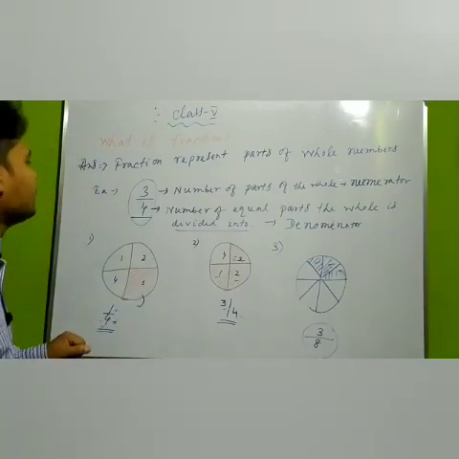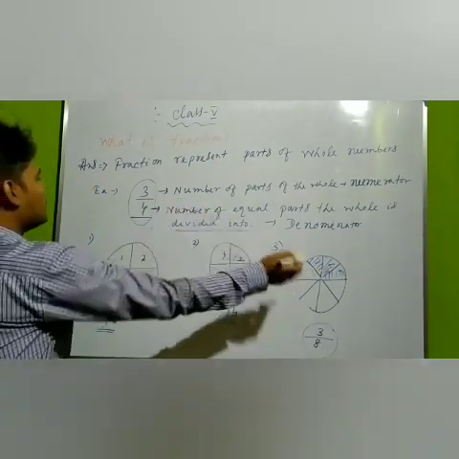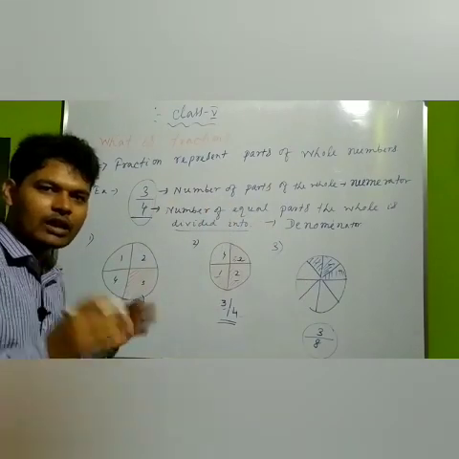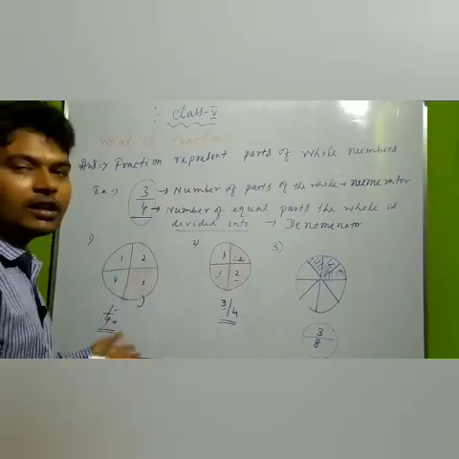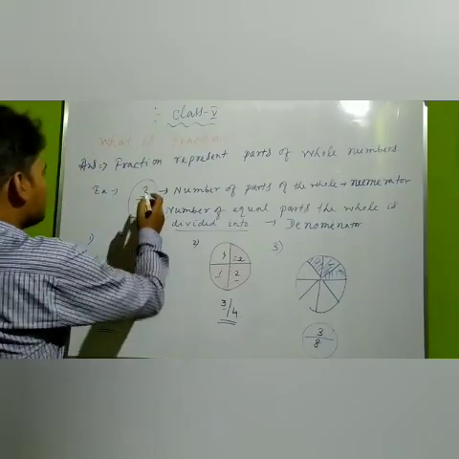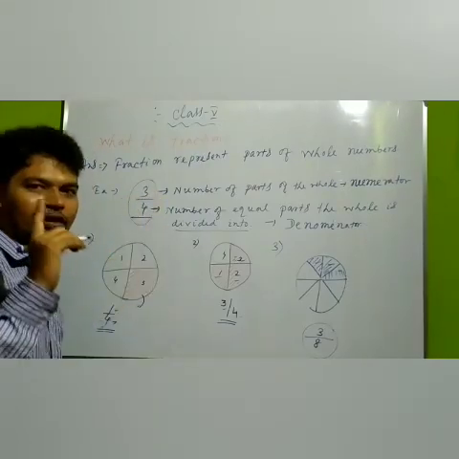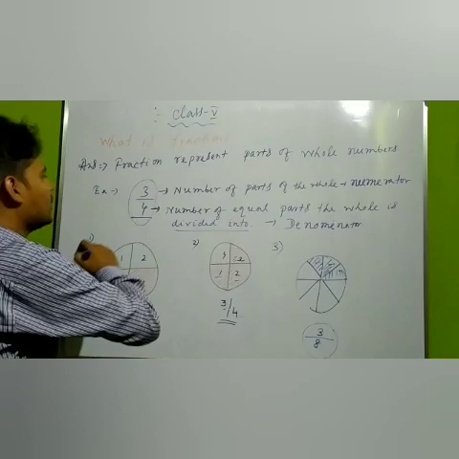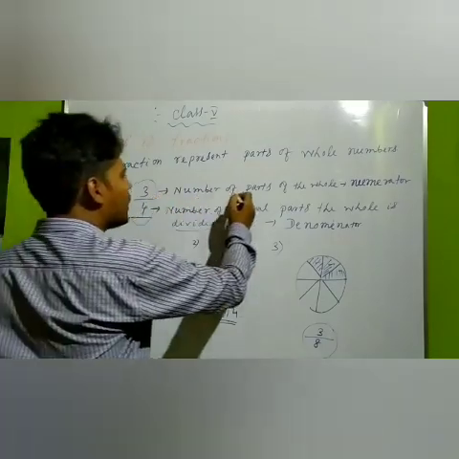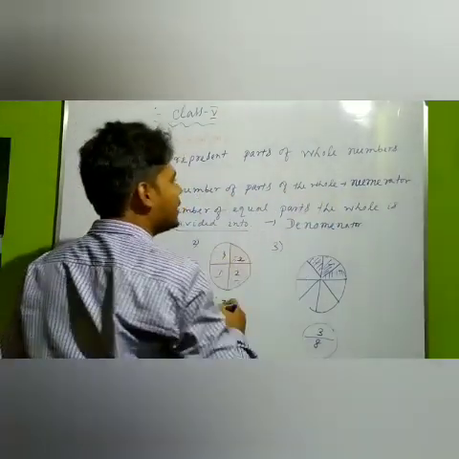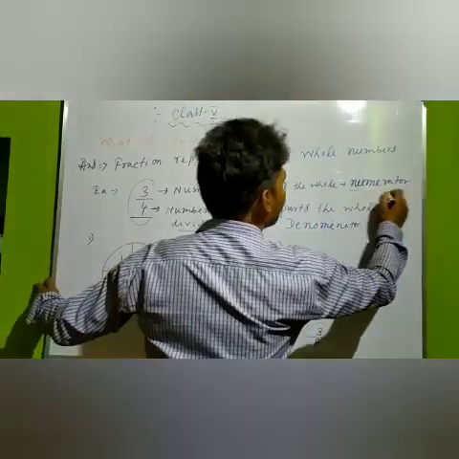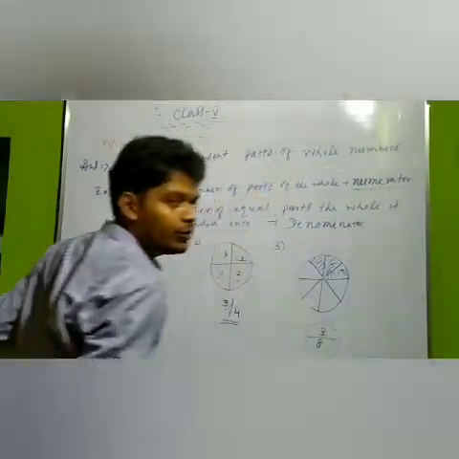Now we have to learn what the upper portion and lower portion numbers written in any fraction are called. Take the fraction 3 by 4. The 3 is called the number of parts of the whole. It is also called the numerator.